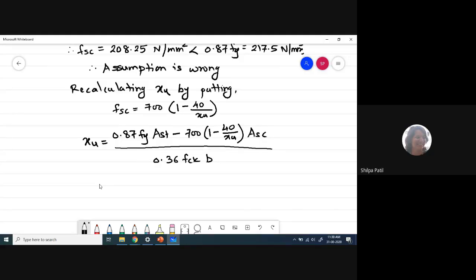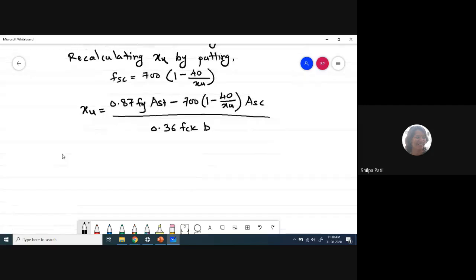What is the equation you are getting? I will just write down the equation that I have obtained. Check whether you are getting the same equation or not.